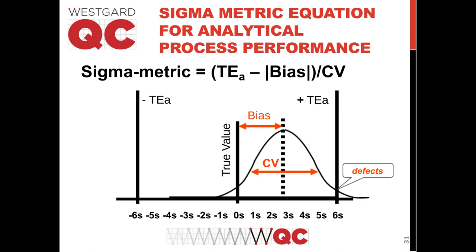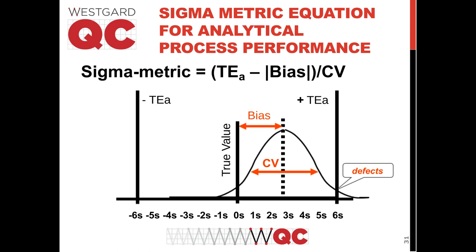Think of that allowable total error as your tolerance limits. That's where you're supposed to keep all your results inside of. You see that true value in the center, that's the clinical truth, what's really going on with the patient. You want to get that, but if you can keep the result within the allowable total error on either side, you get an answer that may not be perfect, but it's close enough to make the right diagnosis and give the patient the right treatment.